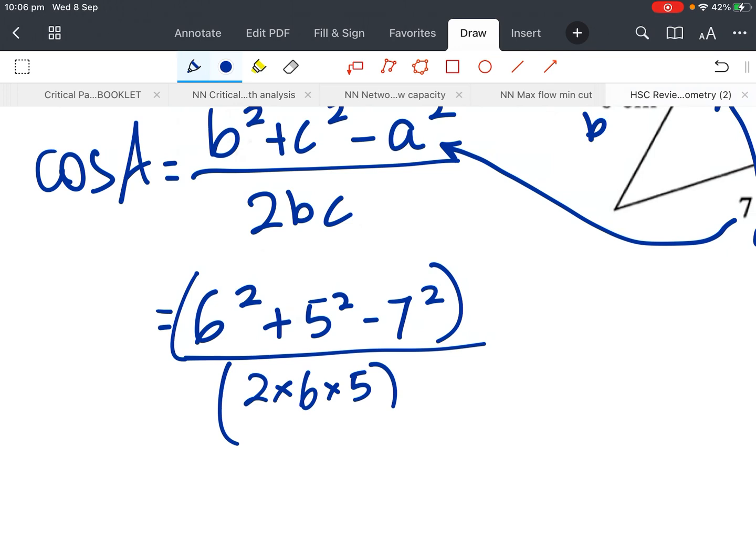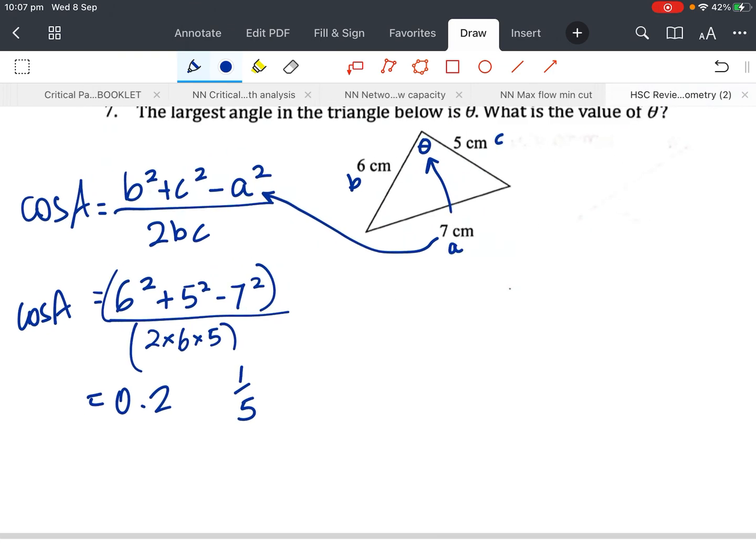Brackets 6 squared plus 5 squared minus 7 squared, close brackets, divided by, or fraction key, open brackets, 2 times 6 times 5, close brackets. I get cos of A equals 0.2, or 1/5, they're the same thing. Right, now that's the cos of A.